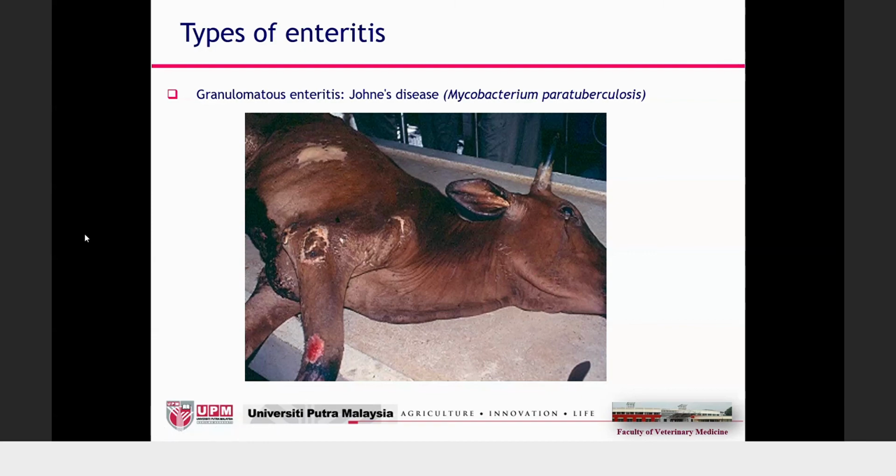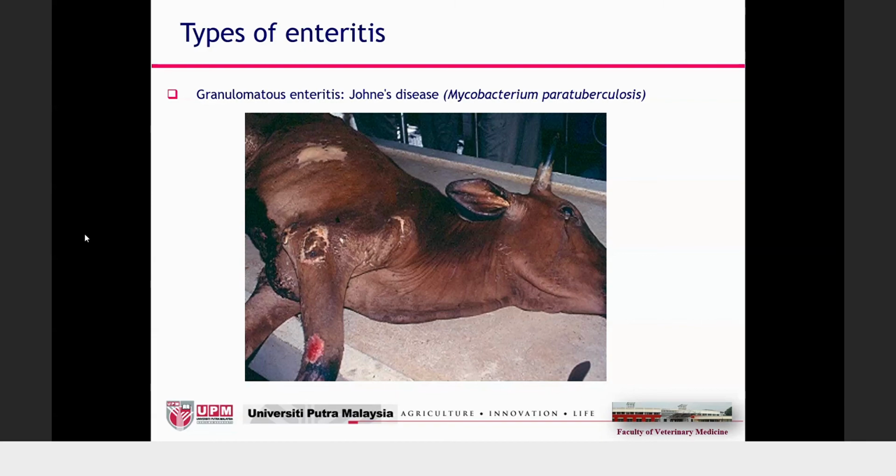Frequent diarrhea, where the content is mainly watery, meaning the animal has failed to reabsorb water in the GIT. Animal has good appetite, but keeps on getting emaciated. So this is an example.